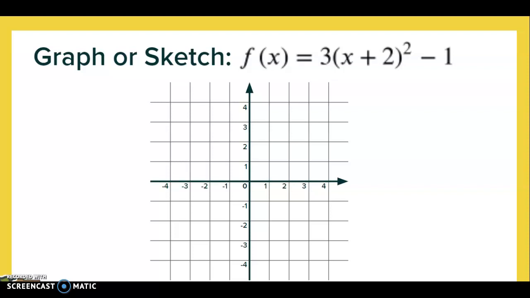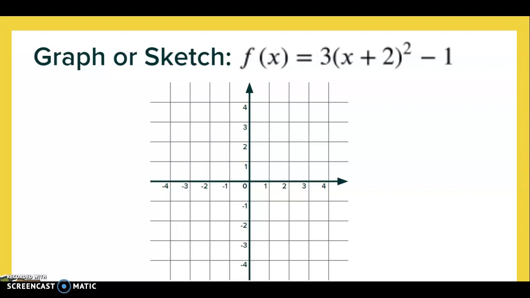Okay, so this would be an example of my H, right? It's positive, so opposite would be a -2. So my vertex for this one would be at -2, -1. Okay, and I can't actually draw on here, so you're gonna have to plot it for yourself. If you look at your A, you can see that the A is positive, so your curve should be facing up.